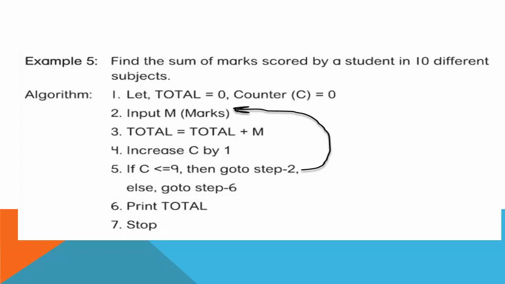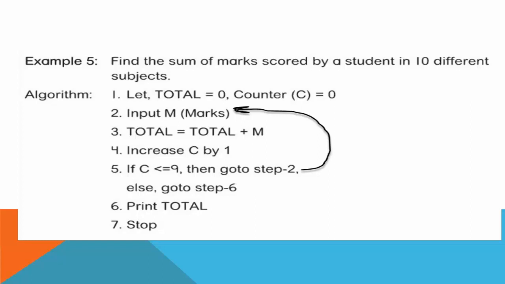Input marks, total marks will be the old total plus new marks. Increase C by 1. Now the C is 9 plus 1, 10. So the first condition in point number 5 doesn't satisfy. That means C is not smaller than or equal to 9. So what is written below? If C is smaller than or equal to 9, then go to step 2.